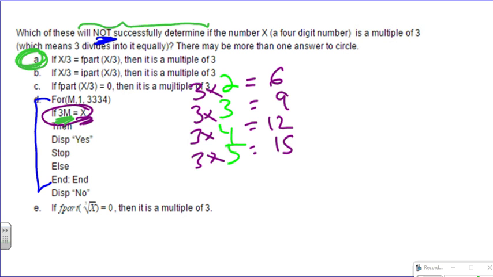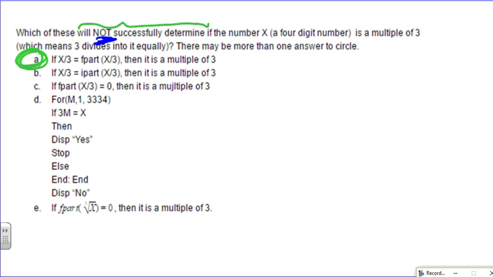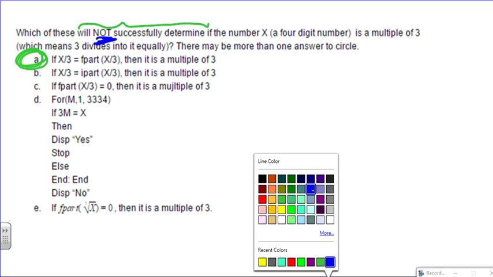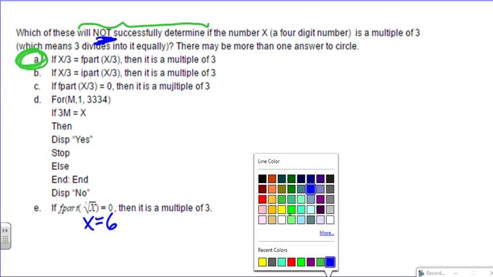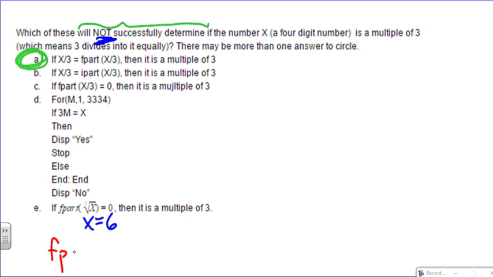Finally, we need to check E. E does not work because, for example, consider when x is 6. We know that that is a multiple of 3. What's the fractional part of the cubed root of 6? Is the fractional part equal to 0?